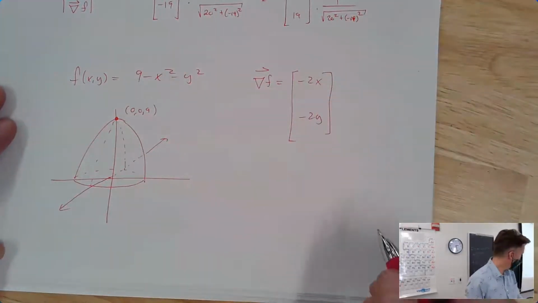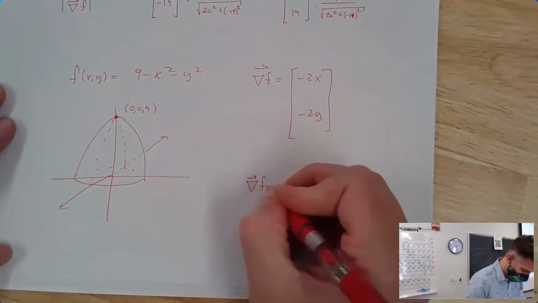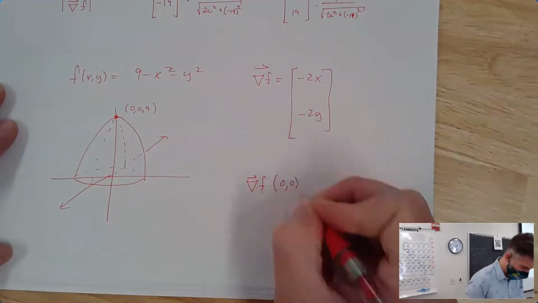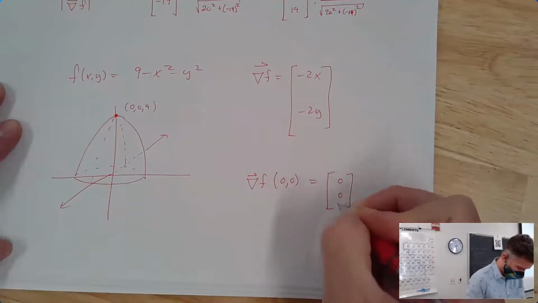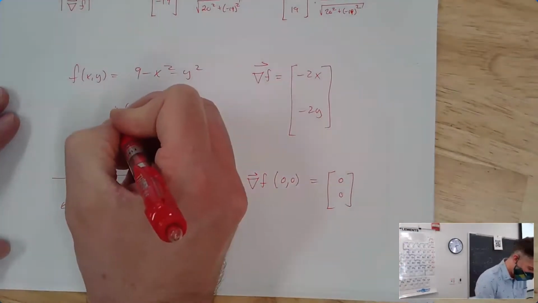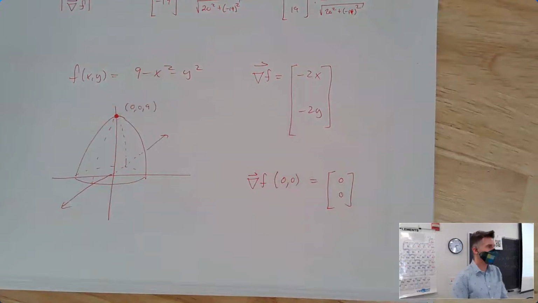And what's the gradient at the point 0, 0? It's the 0 vector. Meaning if you're here, there is no direction of steepest increase or steepest decrease, because any way you go, at least at that one particular point, the amount of increase or decrease is 0.